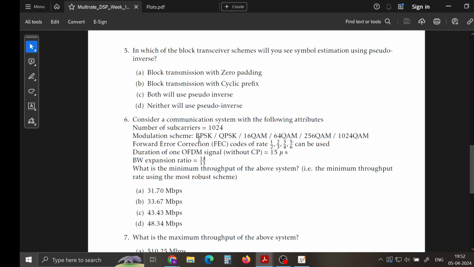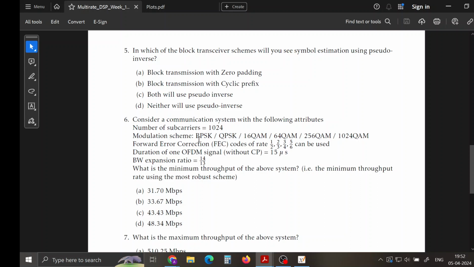So there are only two symbols, and bit error rate and symbol error rate are the same thing. So it has the best performance out of all the given options. QPSK also has similar, but as you increase the constellation size, if you go from 16 QAM to 64 QAM to 256 QAM to 1024 QAM, your bit error rate or symbol error rate performance drops.